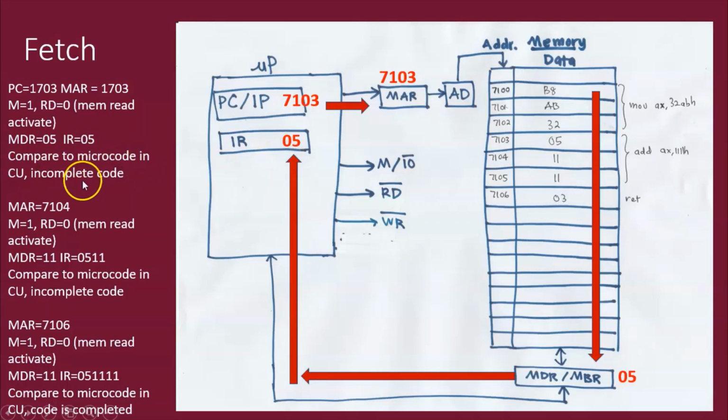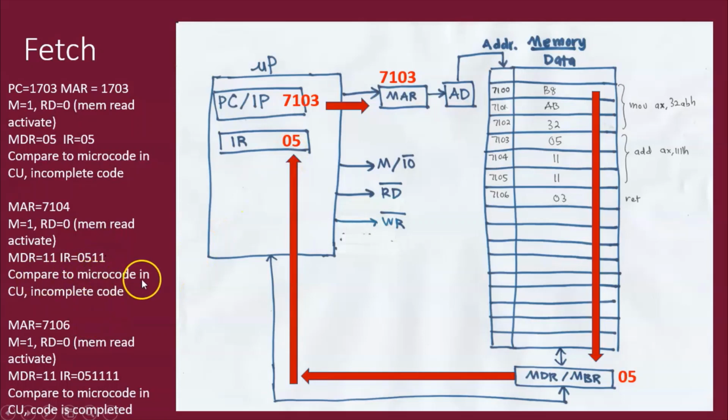And then it will compare to the microcode, and it is incomplete code. So MAR will be +1. 7104, it has 11, put 11 in MDR and then put into IR. So we will have 0511.